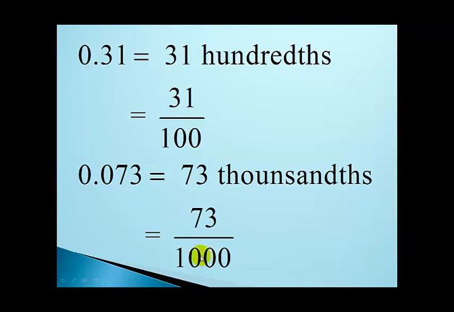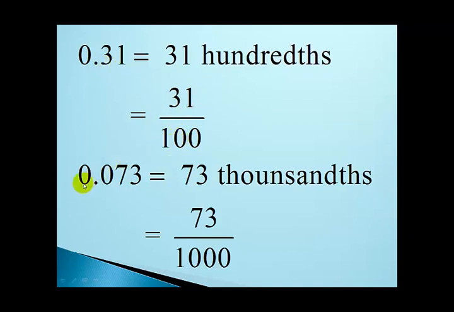Now, if you look at the trend, if you look at 0.31, you can see that it's equal to 31, the number, divided by 100, because you have 2 decimal places. That is why you have 2 zeros, and the 1 is constant. So 0.31 is equal to 31 over 100, where the number of decimal places determines the number of zeros.